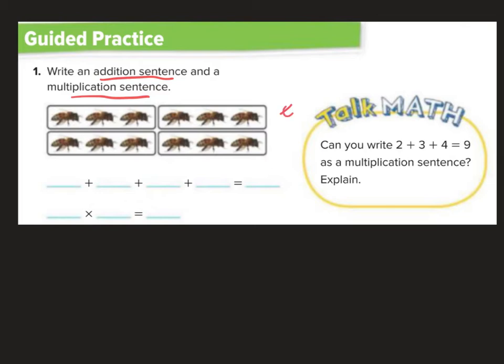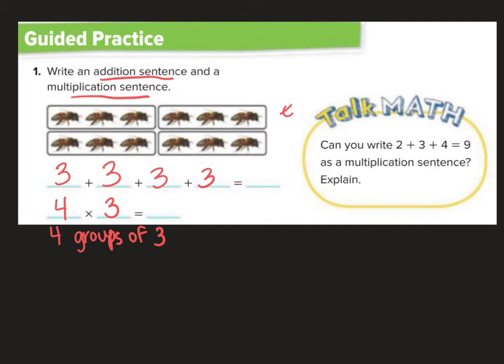All right, so here it says to write an addition sentence and a multiplication sentence for this picture. So question is, how many groups do I have? I have 4. How many are in each group? There are 3 in each group. So that means I have 4 groups of 3. So I need to repeat the 3 plus 3 plus 3 plus 3.